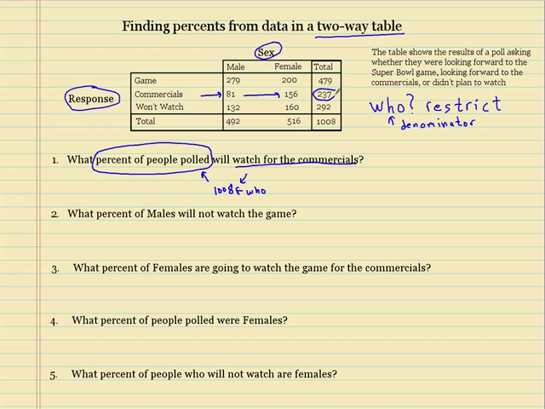So in total, 237 of these people. So 237 divided by 1,008.